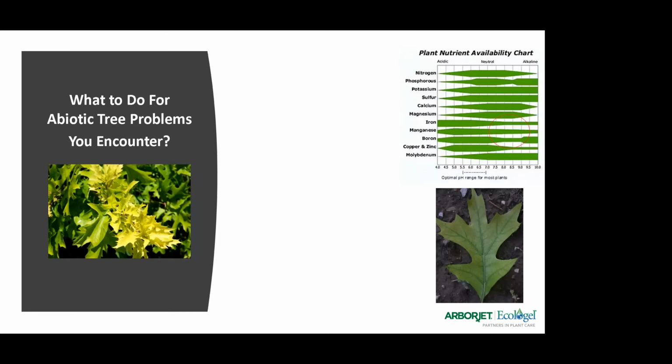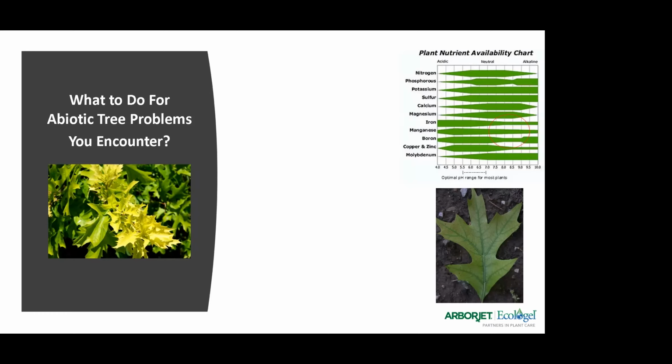One other abiotic condition that seems pretty obvious is this issue of chlorotic trees. If you look at that chart on the far right-hand side, you'll notice as the pH goes up, iron, manganese, and boron become unavailable.